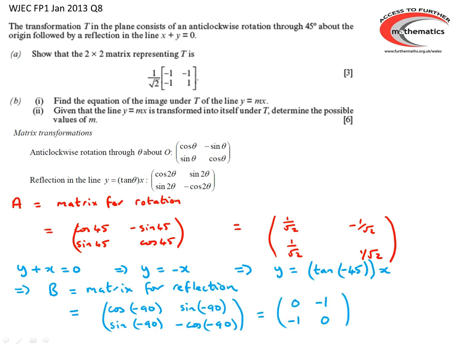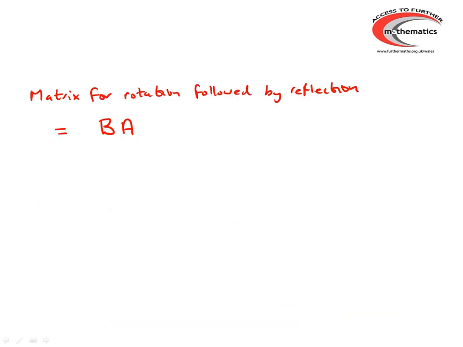So the matrix B, which is the matrix of the reflection, must have a first column of 0, minus 1, and a second column of minus 1, 0. We know that the matrix for the rotation followed by the reflection will be the matrix for the reflection times the matrix for the rotation.